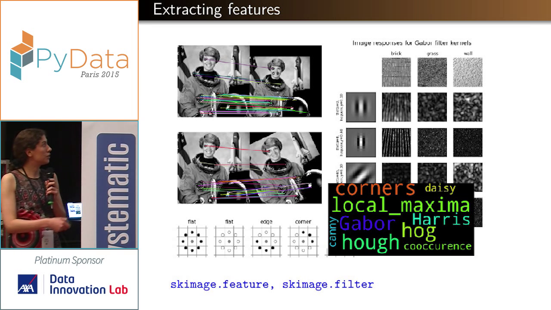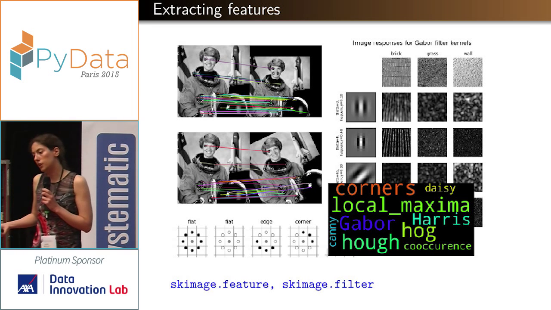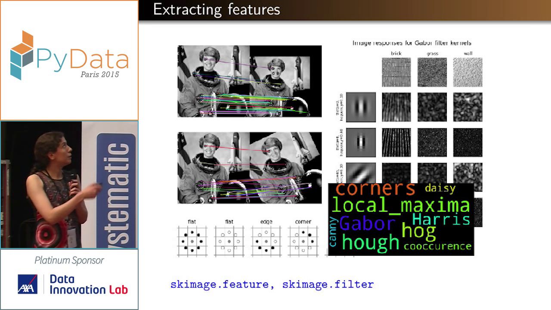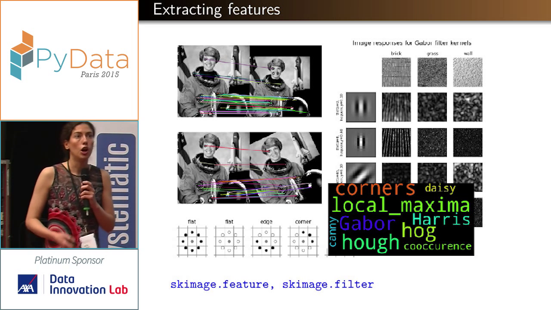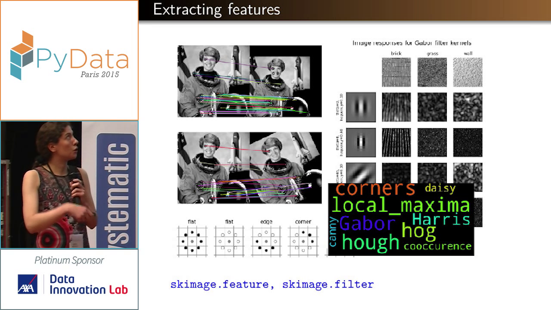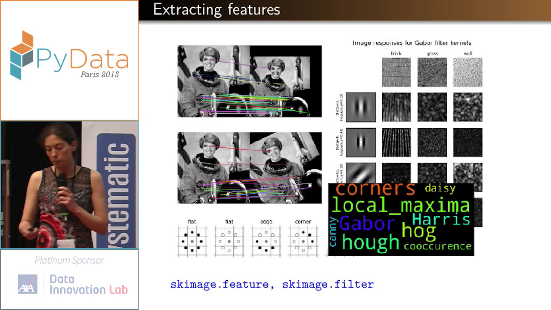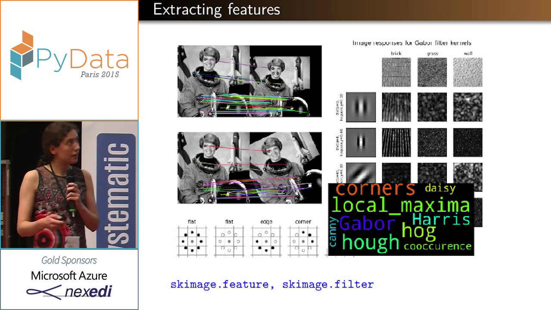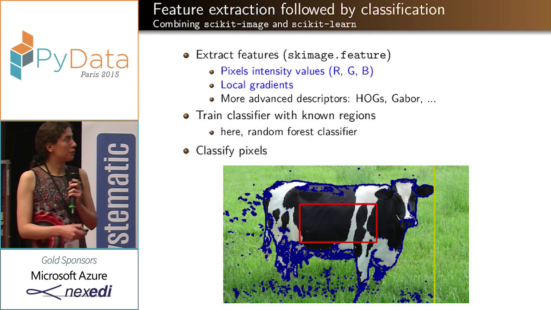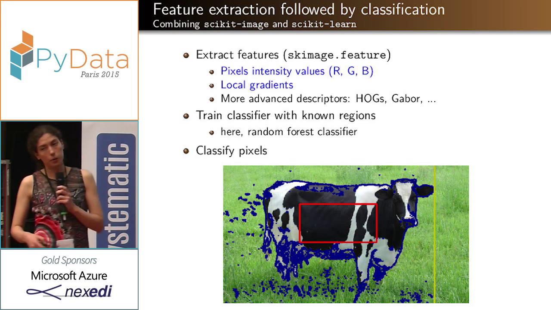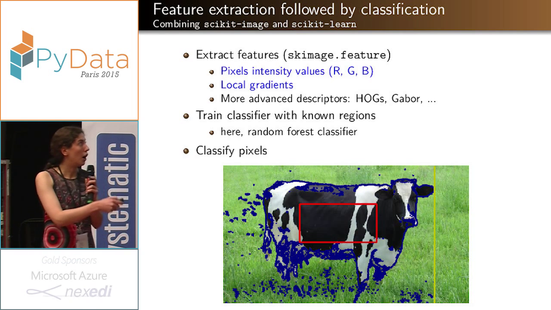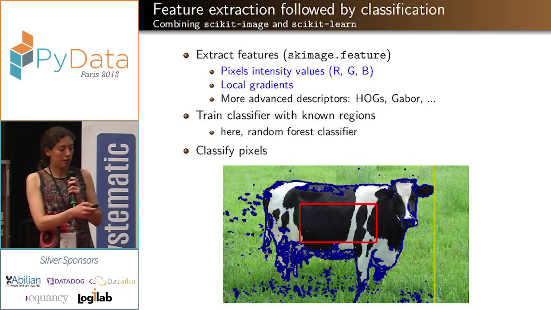And these features, conveniently located in a Scikit-image feature submodule, can be, for example, points of interest like corners or edges, or local statistics of neighborhoods, or local configurations of packages of pixels. And afterwards, of course, it's possible to feed these features to one of the algorithms of Scikit-learn. For example, here, a random forest classifier that I use to do a segmentation of this picture.